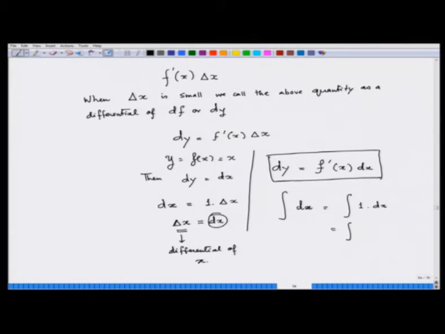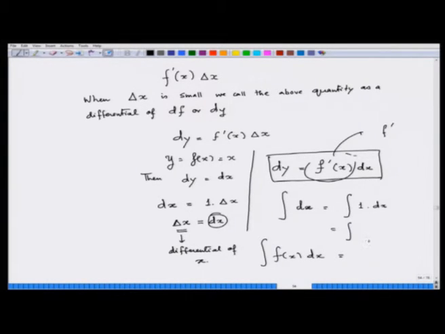This function f dash x is the derivative of f. So, when you take the derivative of f it becomes f dash x. Similarly here also, whatever the function is, if I write even the integral of f x dx.